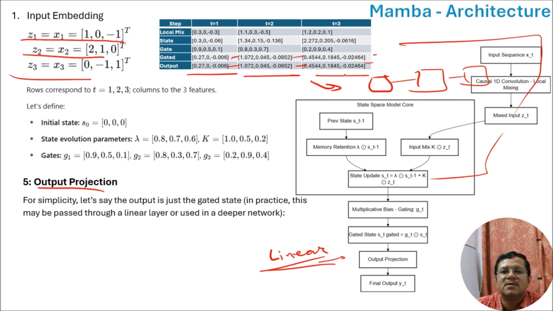Based on how many stacks are useful to achieve your goal, you can fix the Mamba stacks. After that you can use the output for classification, for regression, for sequence prediction, or for any other tasks.